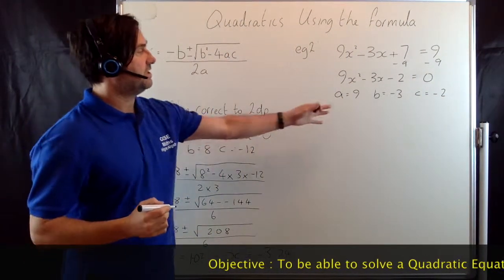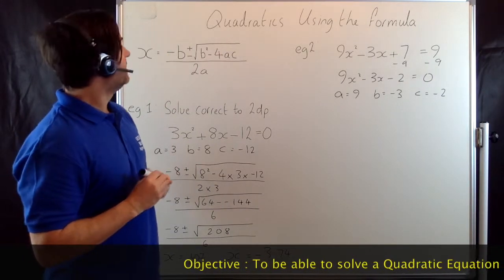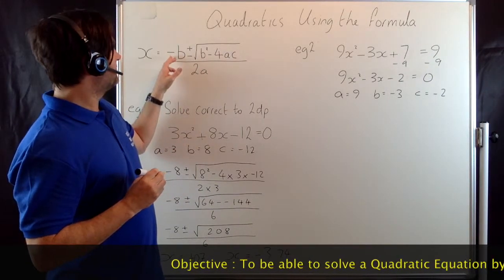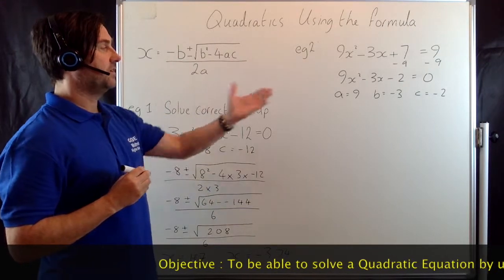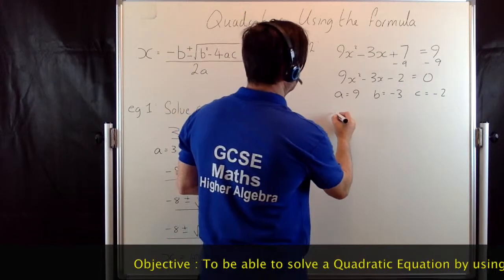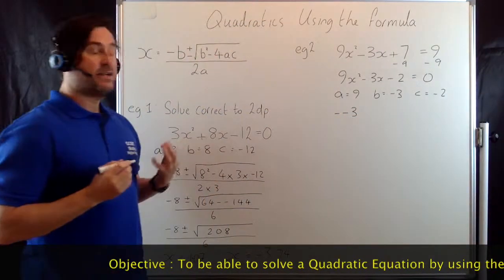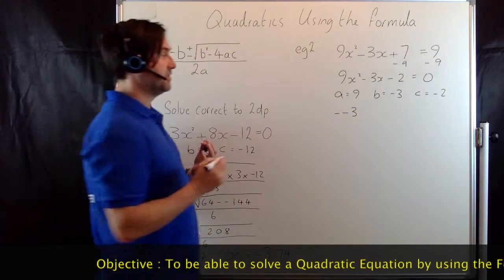Now I'm going to put these into the formula. Now this is where the first mistake is often made. The formula suggests that it's minus b. Well, b is a negative anyway, so it really becomes minus minus 3. Now, a minus and a minus become a positive.